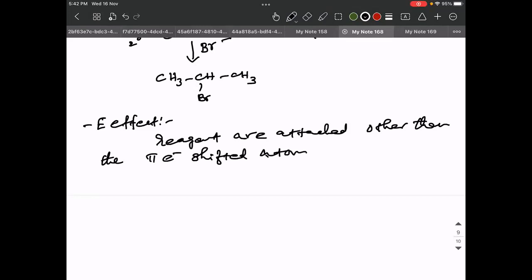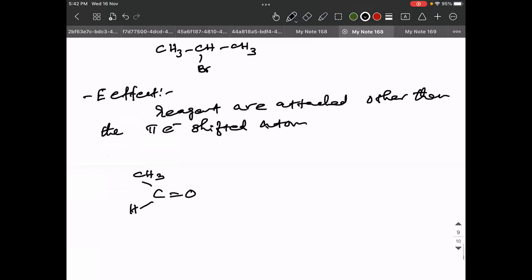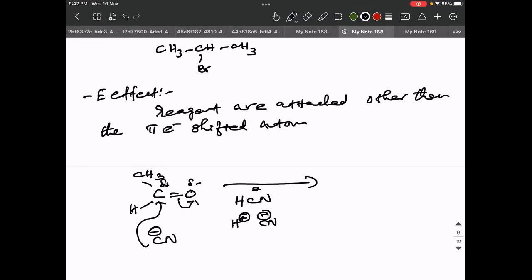We can take acetaldehyde, CH3CH double bond O. When you are adding HCN, HCN means H plus and CN minus. This reaction is nucleophilic addition. The nucleophile will attack the carbonyl carbon, because it will be delta plus and oxygen will be delta minus. Then it shifted. So where does the pi electron shift? Towards O.